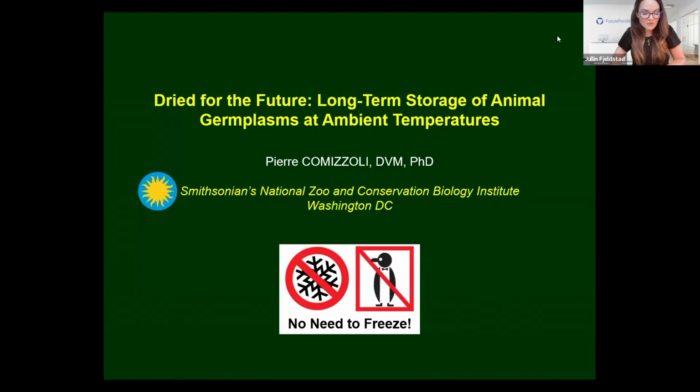He also coordinates reproductive monitoring and artificial inseminations in different species, including giant pandas, clouded leopards, or elk deer. Since 2007, he is the program leader of a Smithsonian-wide initiative to improve the management and use of frozen biomaterial collections within the institution.